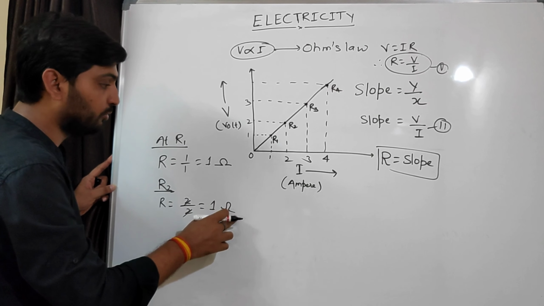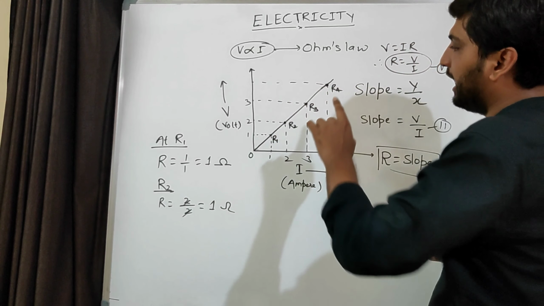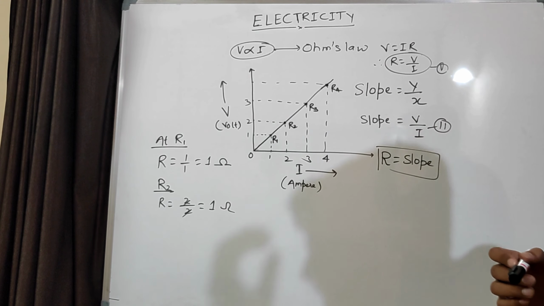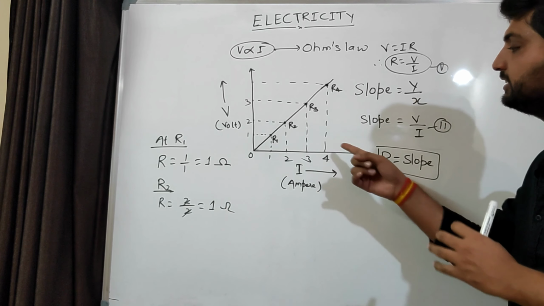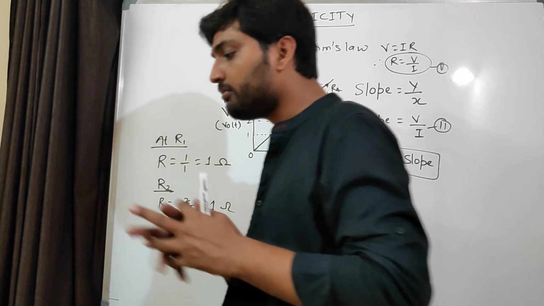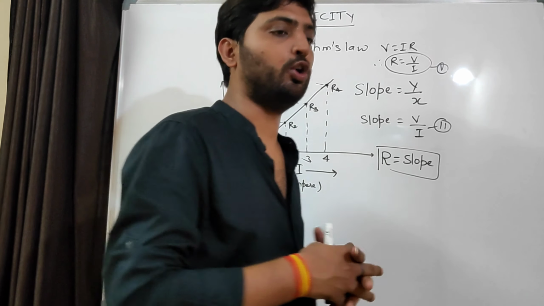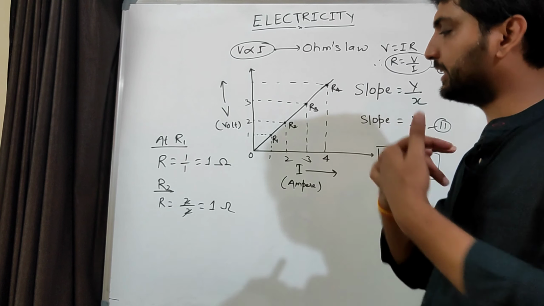R is again 1 ohm. Similarly at R3, 3 by 3, 1. At R4, 4 by 4, 1. So the value of resistance will be constant. This is the representation of potential difference and electric current by Ohm's law, because they are directly proportional to each other.